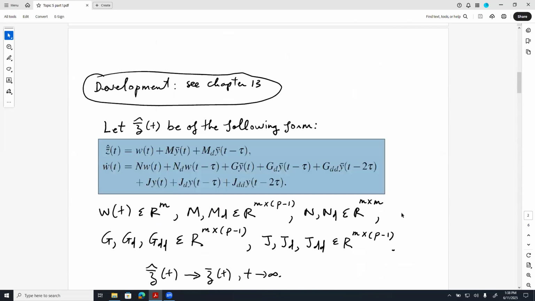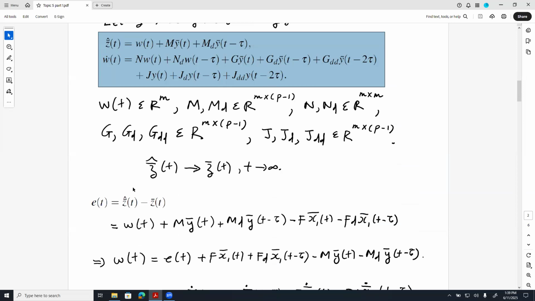It is general enough to demonstrate our design method. It has multiple delays in the output measurement, and to systematically derive all the parameters, we adopted this approach.